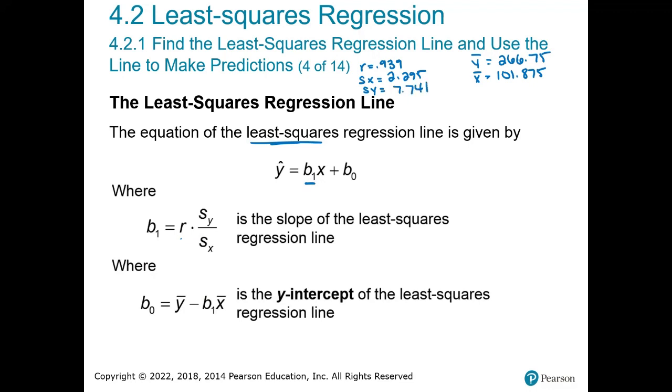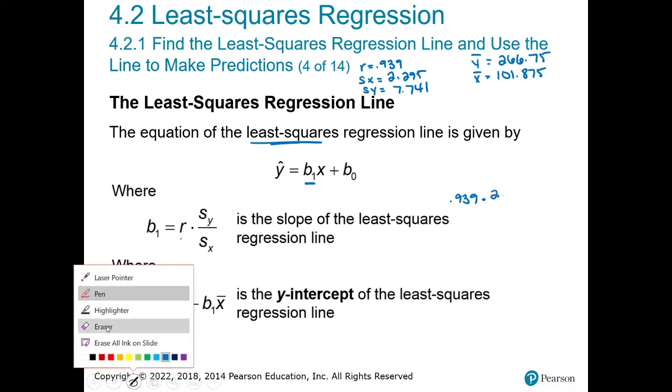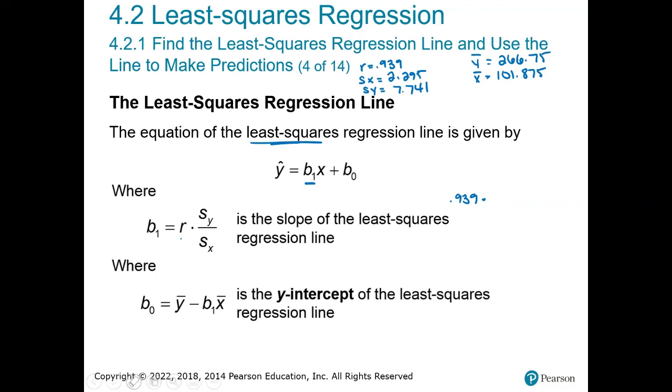To find my slope, I take 0.939 times the standard deviation of Y, 7.741, divided by 2.295. So the best slope is 3.167.